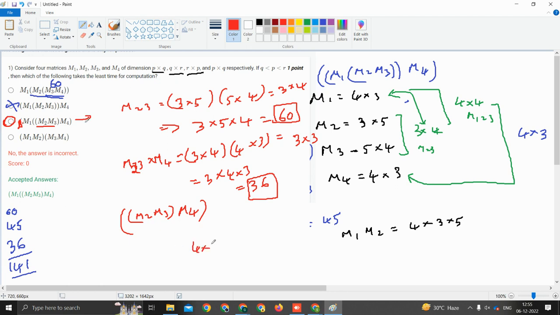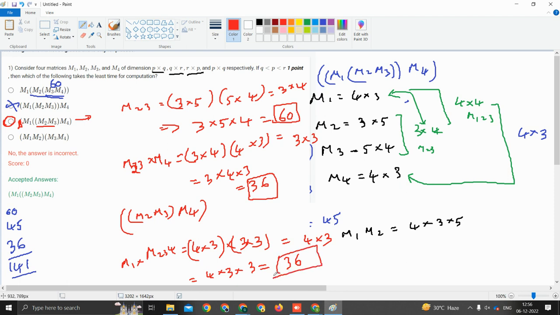So finally, what is that? 4 cross 3, which is M1. So M1 into M234, 4 cross 3 into 3 cross 3. So this will result in a 4 cross 3 matrix, and the number of operations is going to be 4 into 3 into 3, again 36.